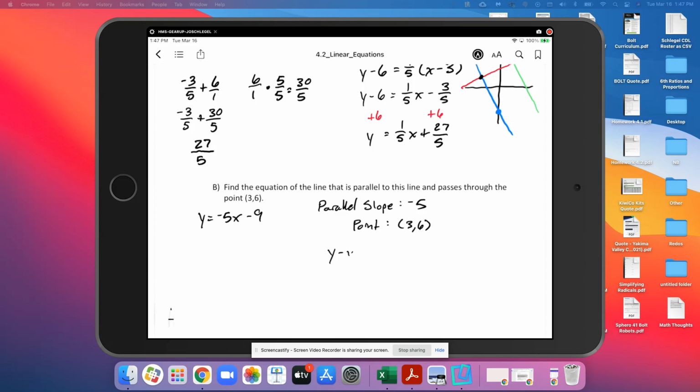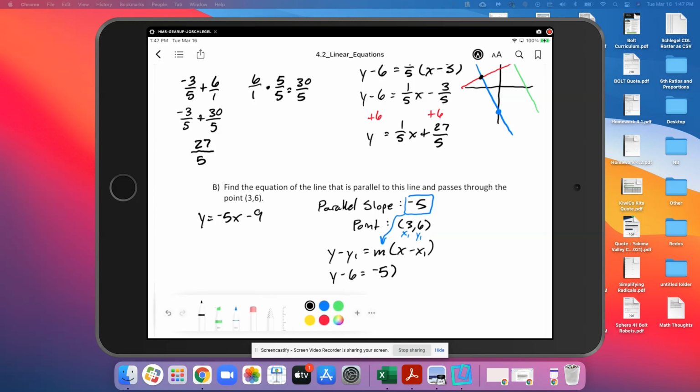So again, y minus y1 equals m times x minus x1. And we stick our values in there. So our slope is negative 5. That's going to go in for our m. And we'll call this x1, we'll call this y1. So substituting those in, folks, I get y minus 6 equals negative 5.